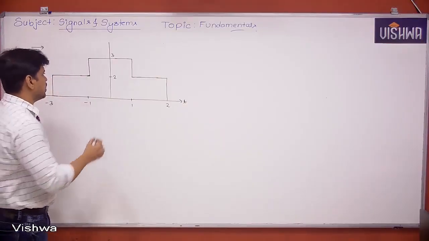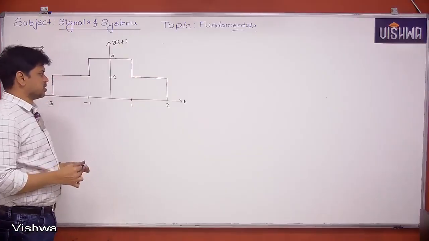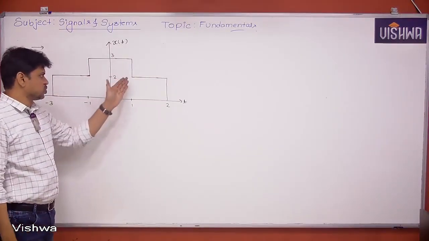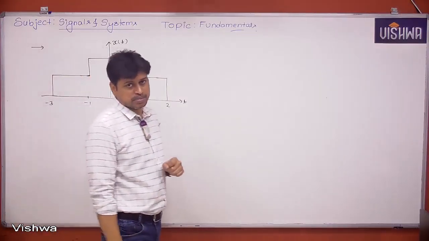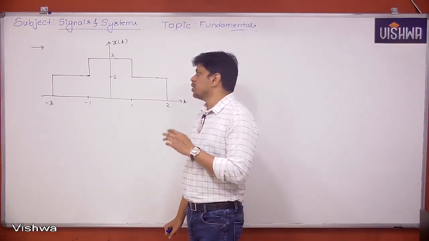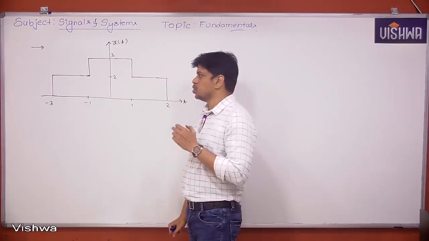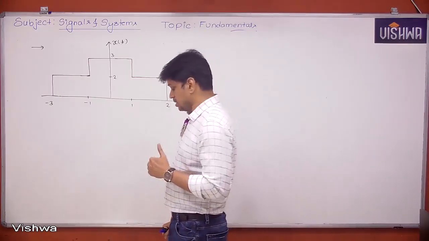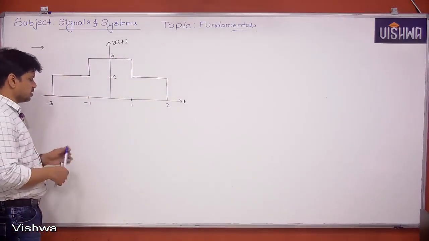So this is the signal x(t) given. They want to find the expression for x(t). If you observe carefully, it is a step function only. So we are having only steps. Whenever the signal is involving only steps, then we can completely express x(t) in terms of u(t). That means shifted step signals can be used to express x(t). How can we do that? Let's see.